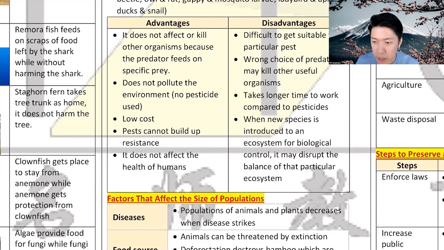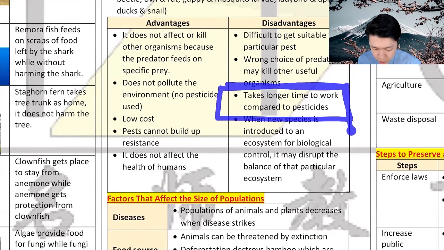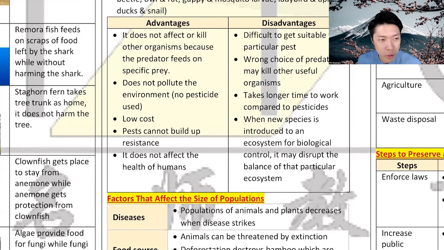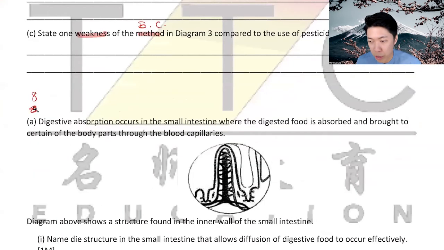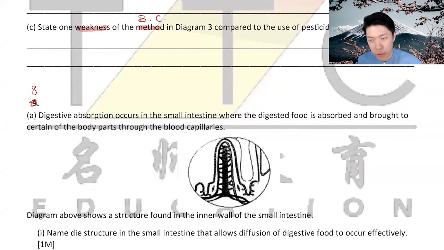I'm going to write it in this way: Pesticide kills pests faster, but biological control takes a longer time. So see, I'm doing a comparison again. If you're wondering where is that, there you go: takes a longer time to work compared to pesticide. You can copy that straight away, no problem. I'm just showing you a different way of writing.